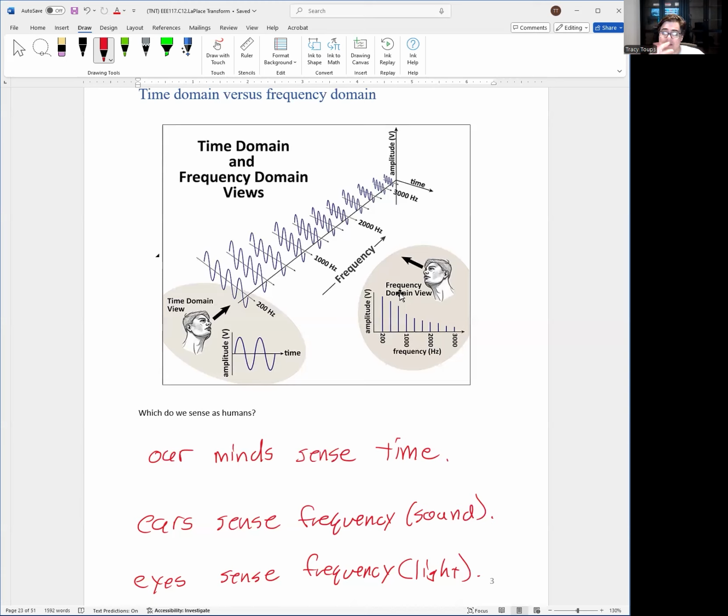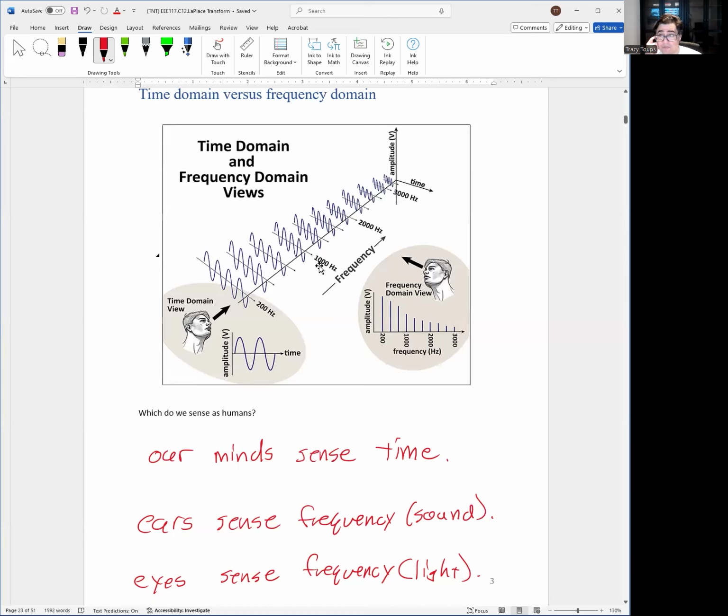Every time I speak, there's a sound wave, or an air pressure, that comes out my mouth, and there's a microphone right here. I don't know if you guys see it. Yeah, there you go. That picks up the pulses, right? So the microphone right here is a frequency collector. It does frequency analysis, right?